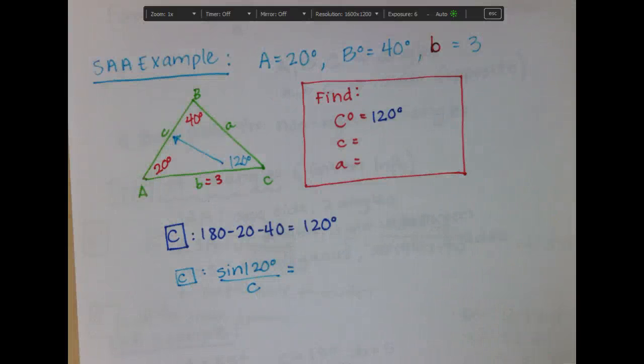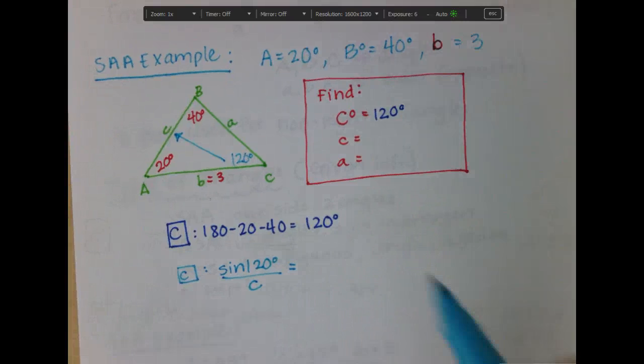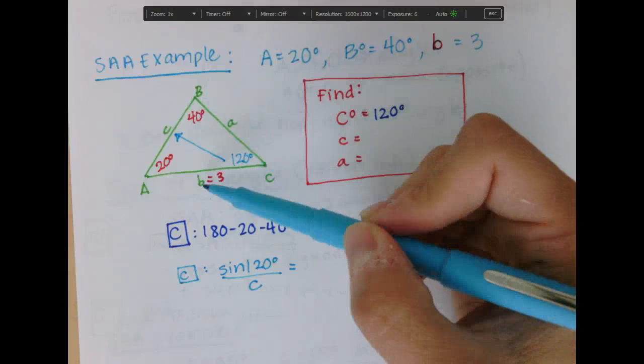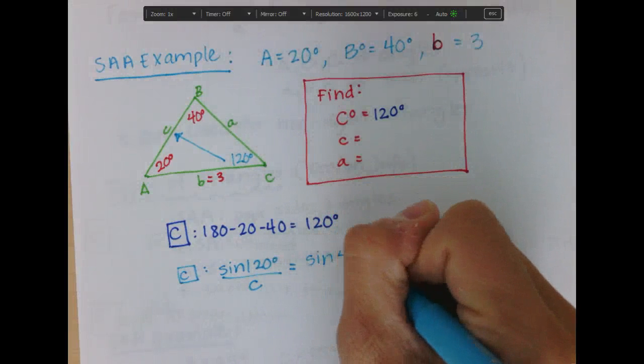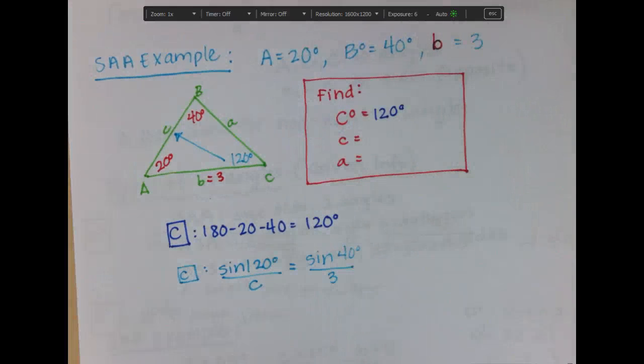Now let's set it equal to another ratio where we don't have any unknowns, a pair of corresponding side and angle that are both given, and in this case that's going to be angle B and side B. So we're going to set that equal to the sine of 40 degrees over 3. We're going to cross multiply.